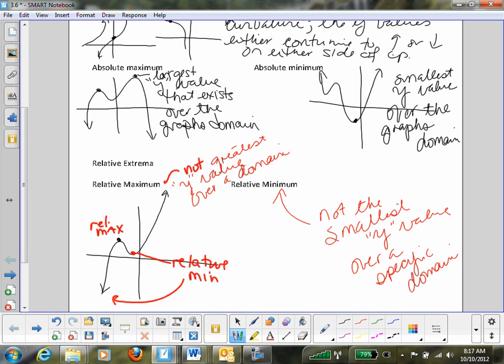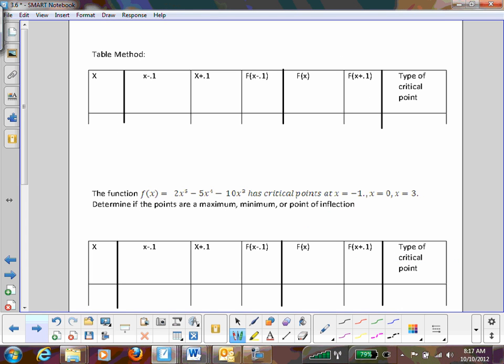Okay, so let's see how we show this. This is the table method. Over here are your critical points. What we're looking at is what happens to the left and to the right of our y value.